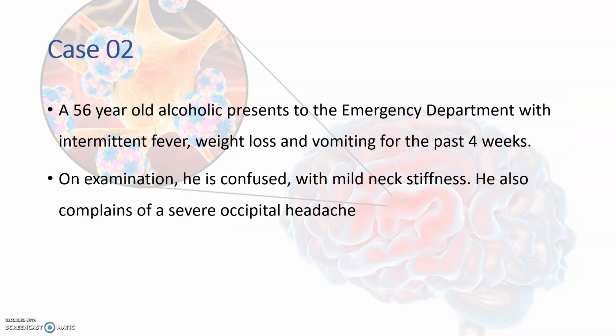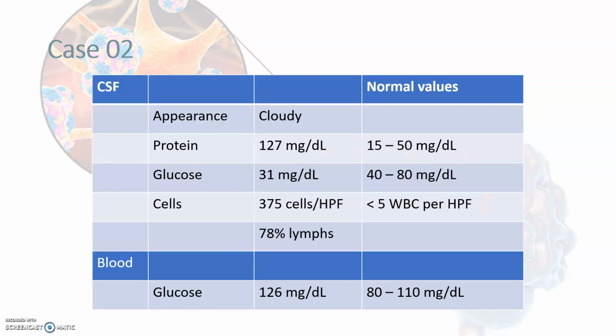Case 2 is a 56-year-old alcoholic who presents to the emergency department with intermittent fever, weight loss, and vomiting for 4 weeks. On examination, he's confused with mild neck stiffness, and he also has severe occipital headache, so a slightly different presentation over a longer period of time.